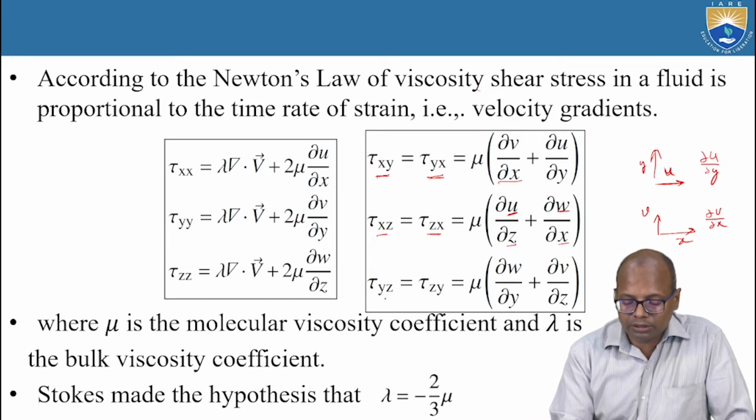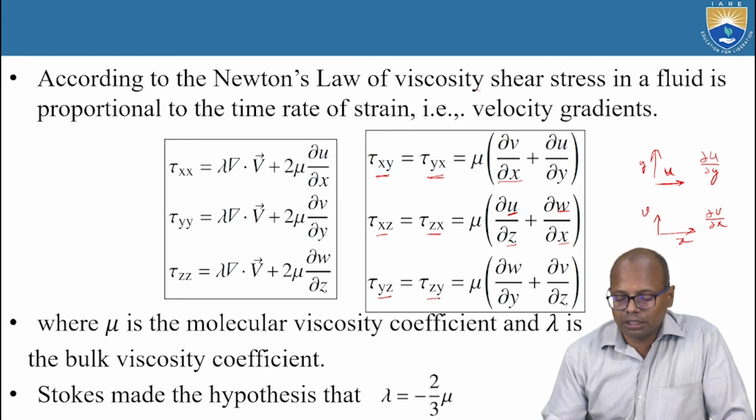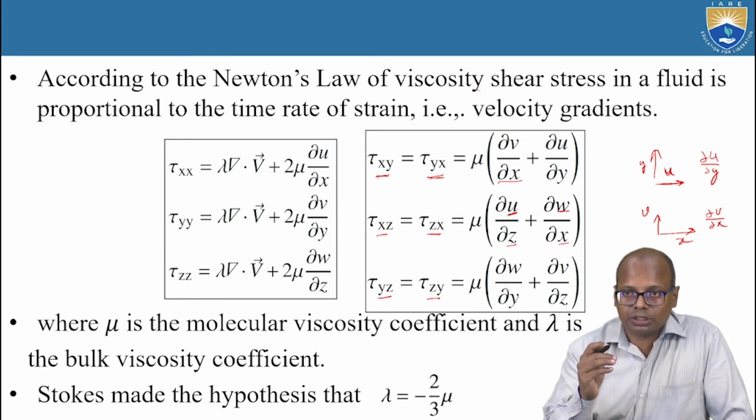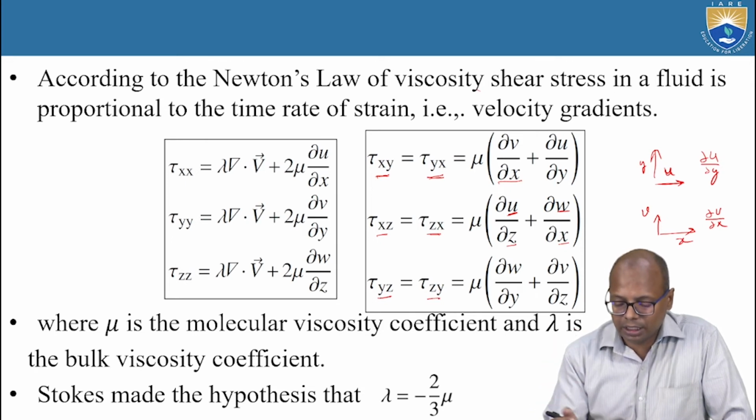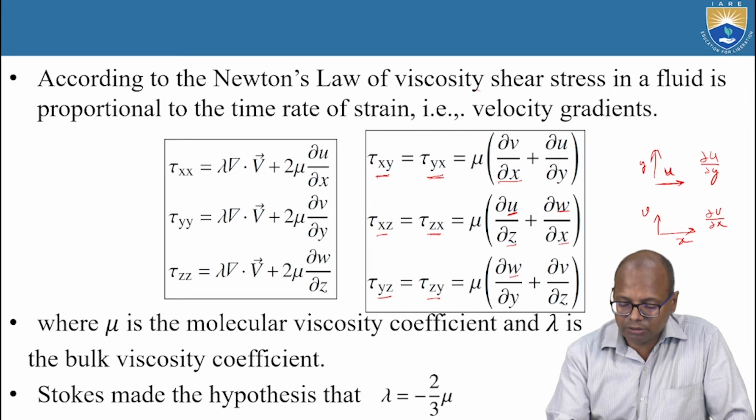What about zy and yz? The w velocity is changing in y direction and the v velocity is changing in z direction. Because of this, we are getting this shear stress.